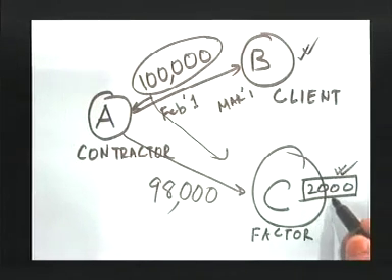I mean, this commission of 2,000 can be even more. If the factor C realizes that company B is not at all reliable, then he may even charge a higher commission. So, higher the risk, higher the commission.